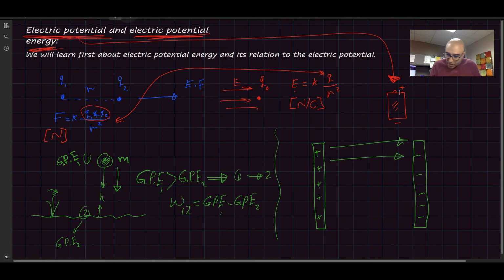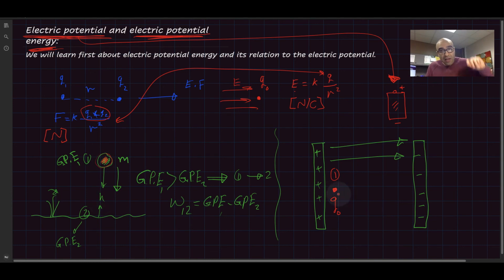If you bring in a positive test charge, we call it Q0, and we put it at point 1, what do you think is going to happen to this charge once you release it? Remember, we were talking about the gravitational potential energy. We have an object with mass m. What happens to it when you release it? It's going to go down.